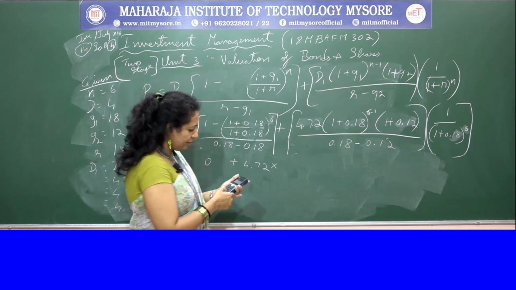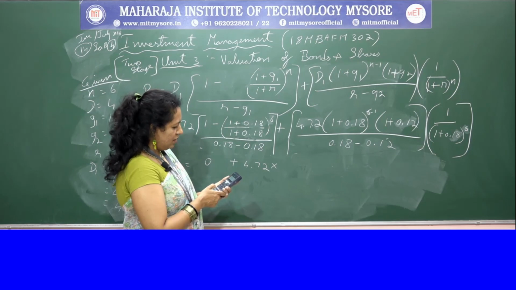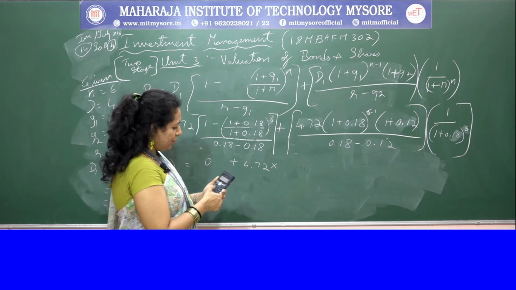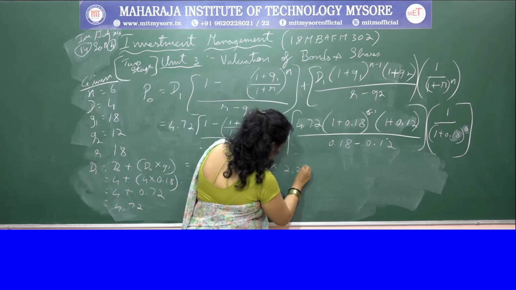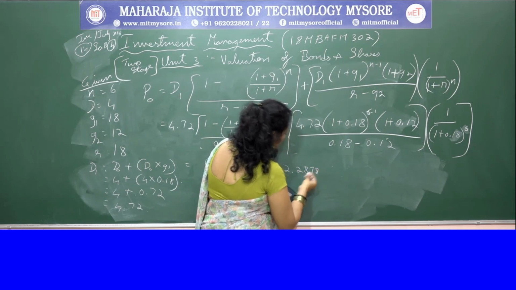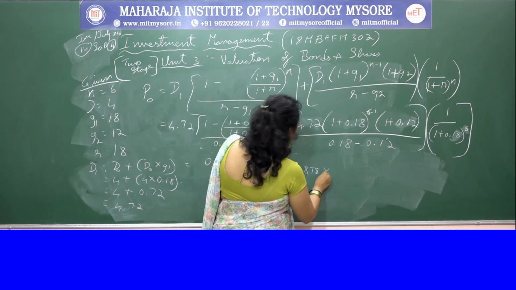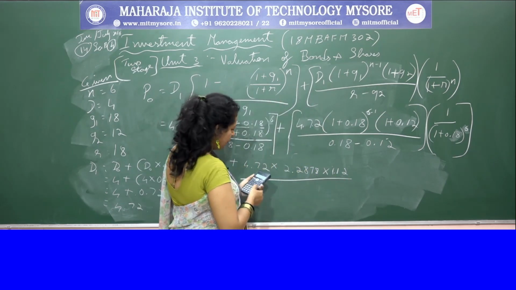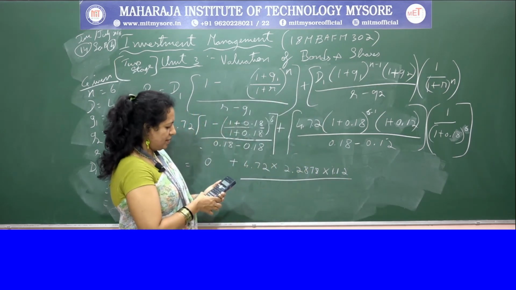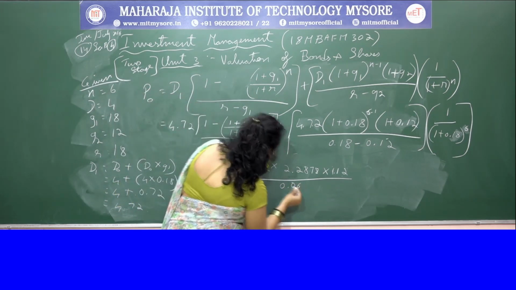4.72 into 1.18 to the power of 5. You get 2.2878. You can take 2.2878 into 1.12 to the power of 0.18 minus 0.12, you get 0.06.